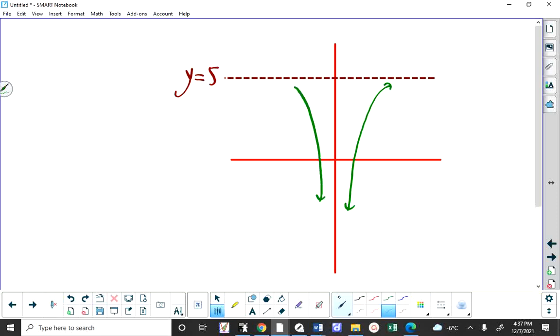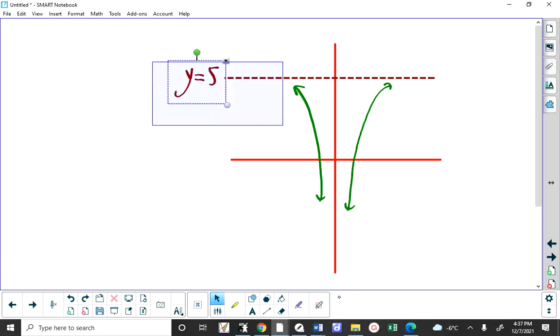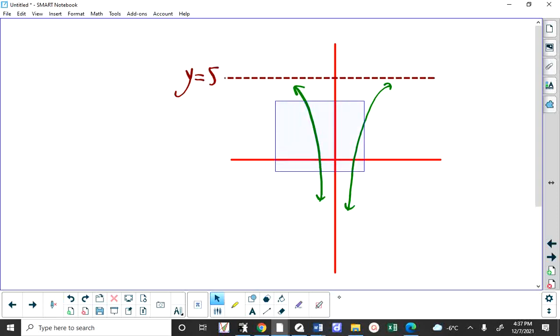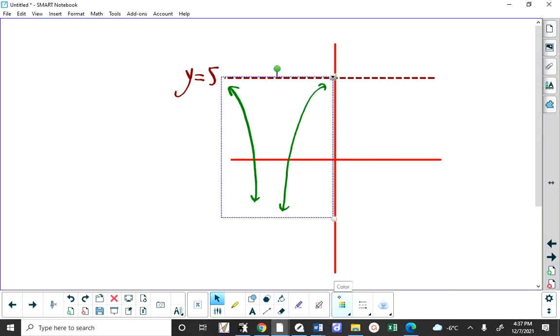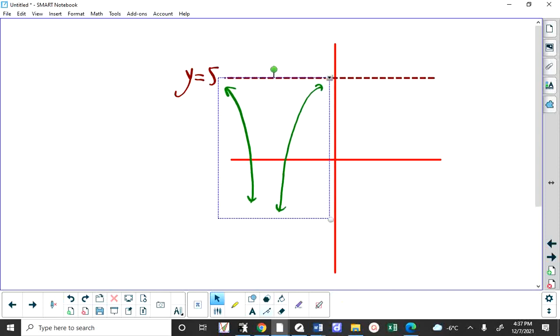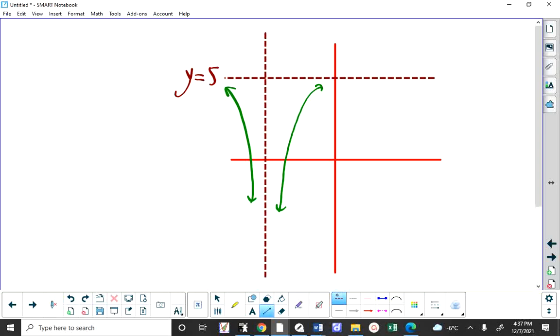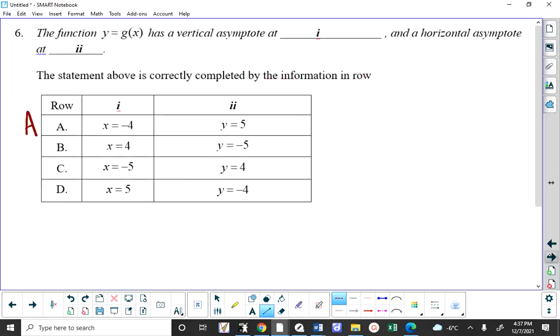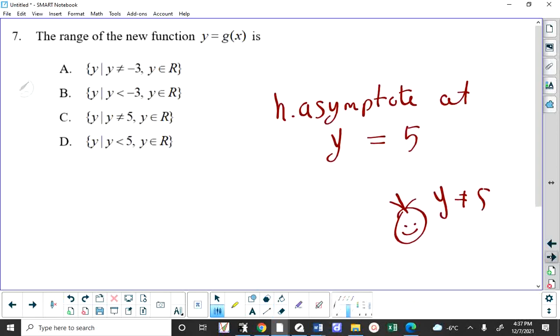Now, it also shifts to the left 4, so it's going to be over here. I'm going to have a horizontal asymptote at y equals 5 and a vertical asymptote at x equals -4. But that's not relevant to the range. Anyway, looking at the solution here, that means that for question 7, D is the correct answer.